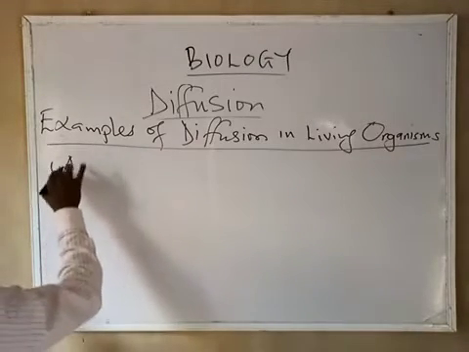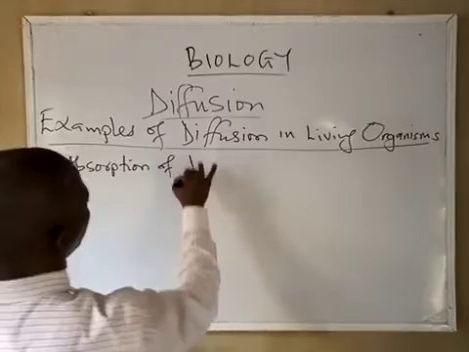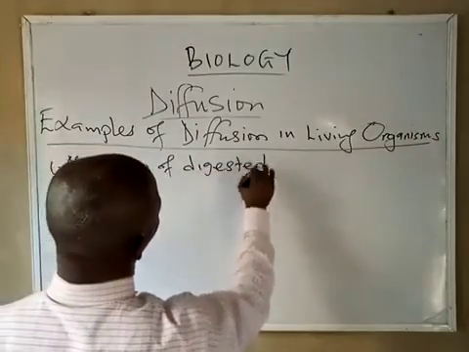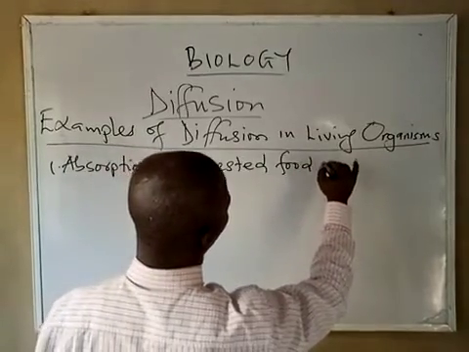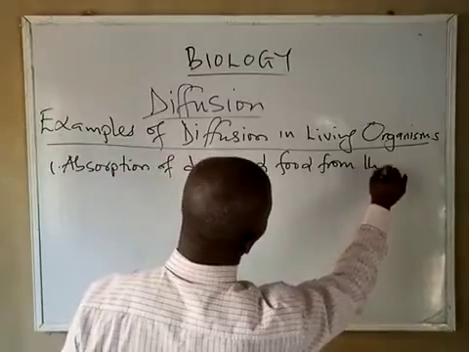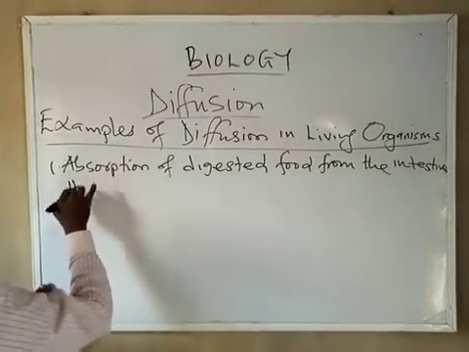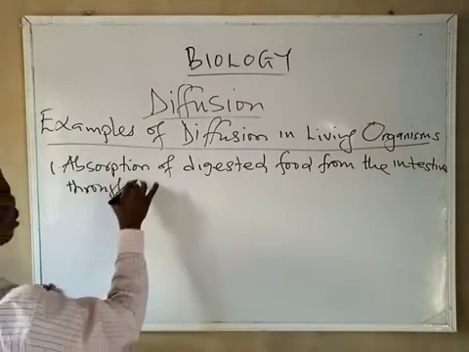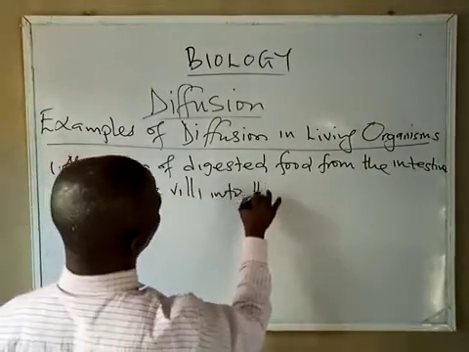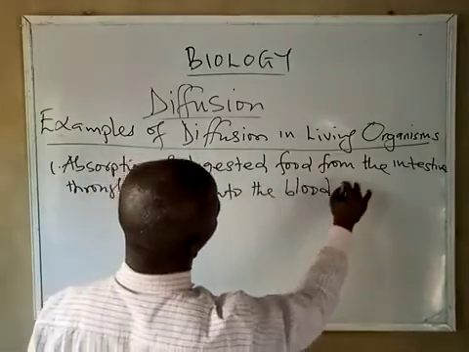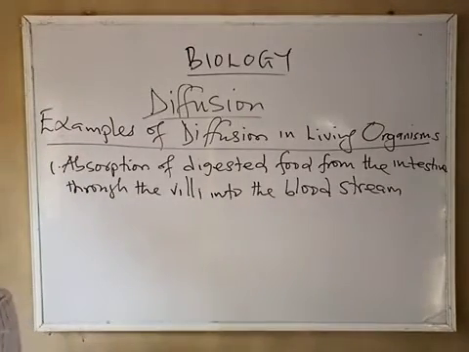So we have one, absorption of digested food from the intestine through the villi into the bloodstream is by diffusion.